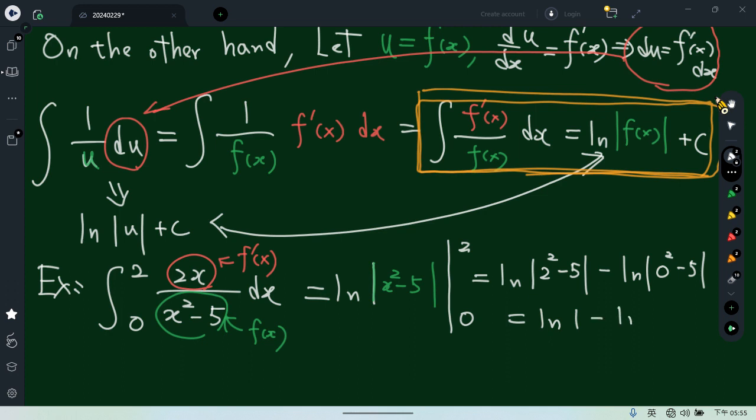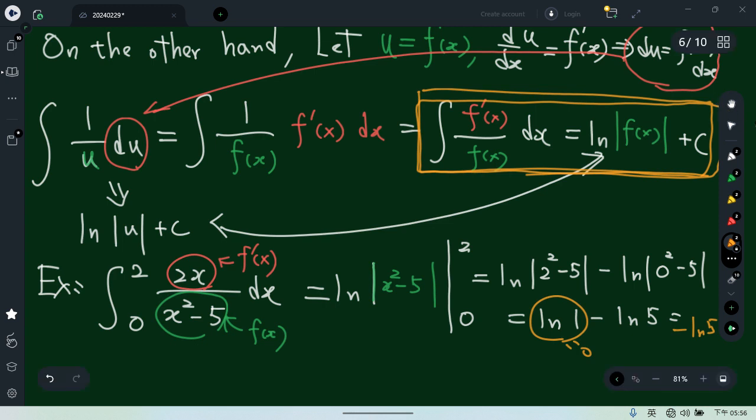And this one will be ln 5. So the result will be minus ln 5, right? Because ln 1 is 0. So this is solution 1. So solution 1 is based on this formula.